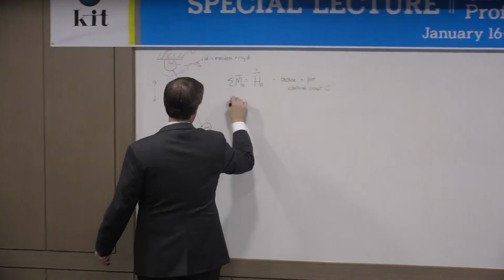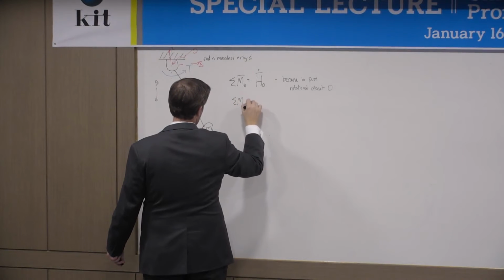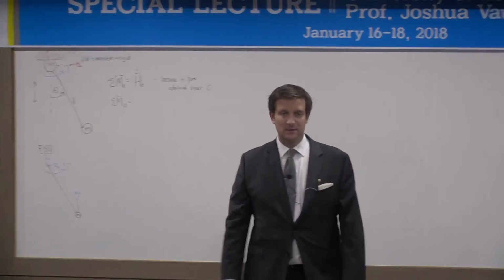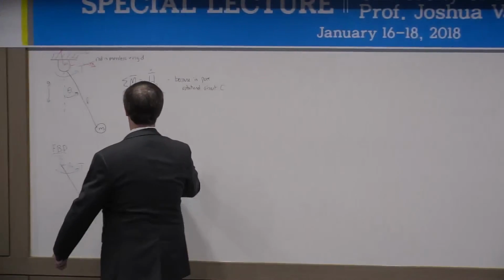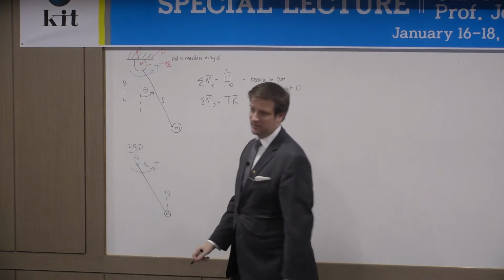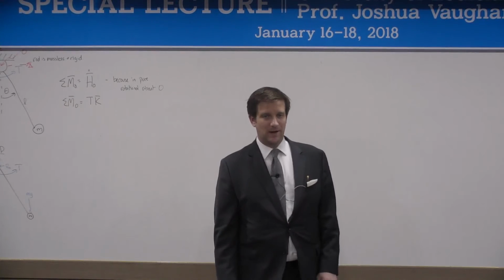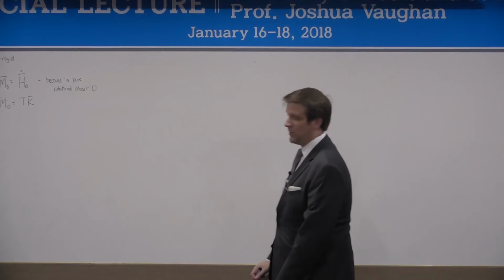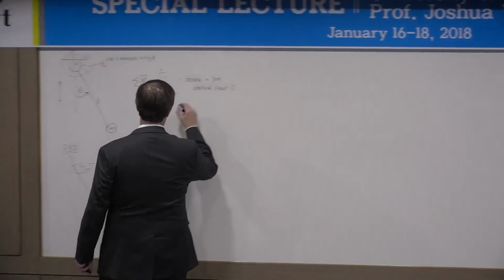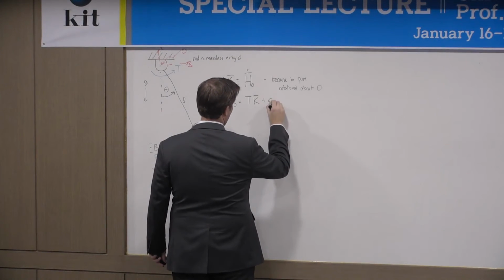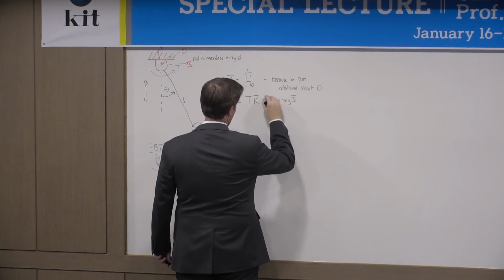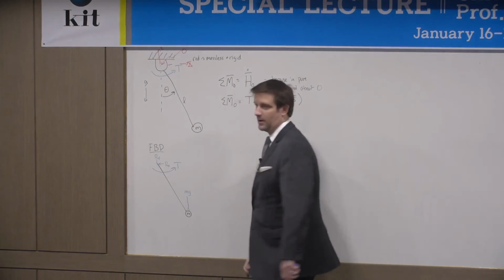Right. So what do we have? We have T first, that's the easy one. And that's in the positive K direction. And then what do we have? Some kind of moment from gravity, right? And this will always work for you: R cross F, right?